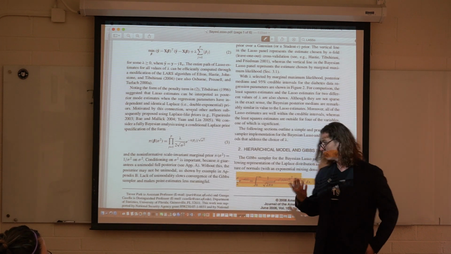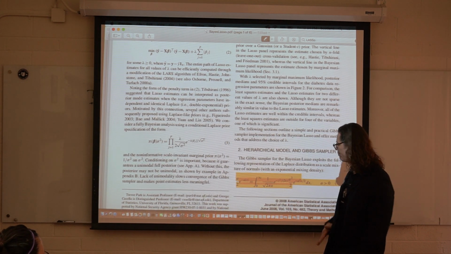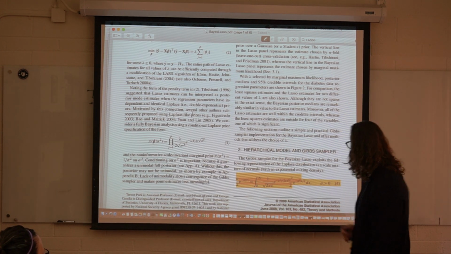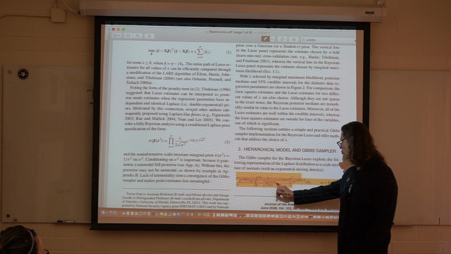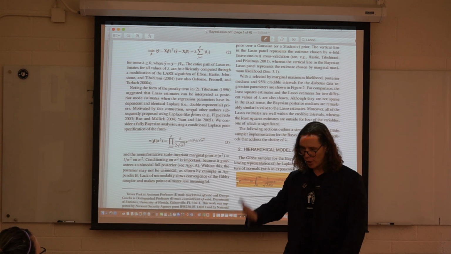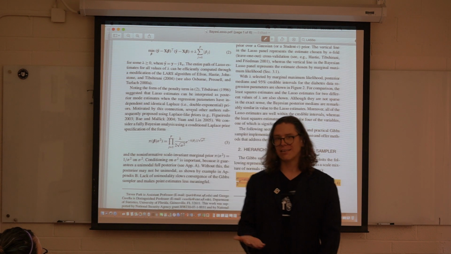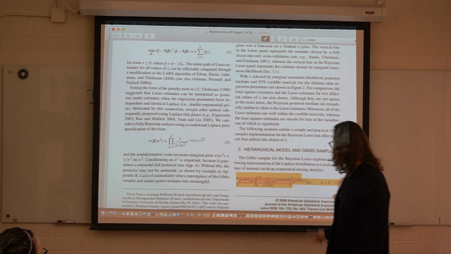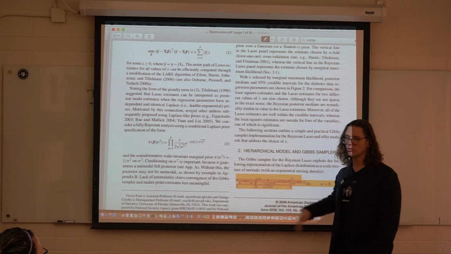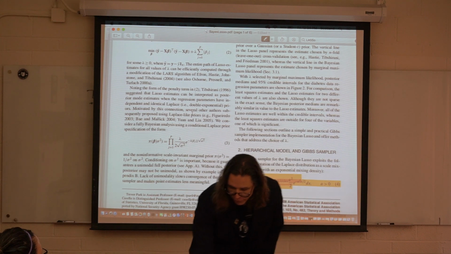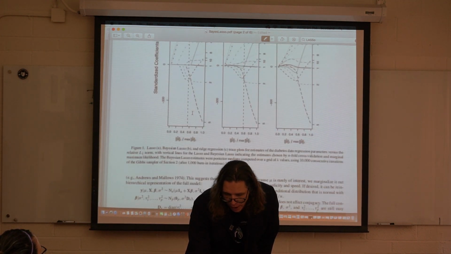Just like in the Cauchy example, Laplace distributions are hard to play around with. But I can play around with normal distributions and exponential distributions fairly easily. So instead of writing down this nasty likelihood, we can represent it through two different distributions, and those likelihood functions are easy to work with. That's the key point.